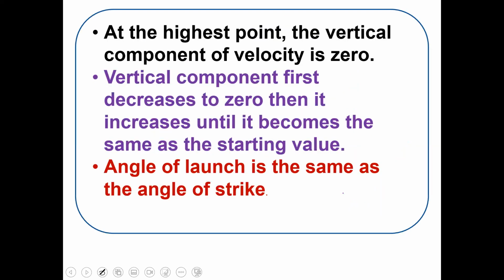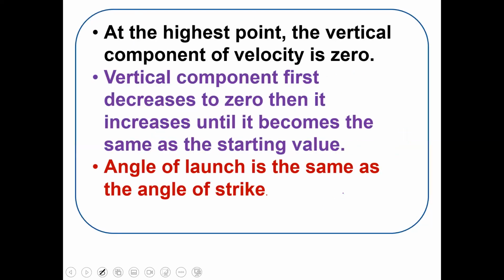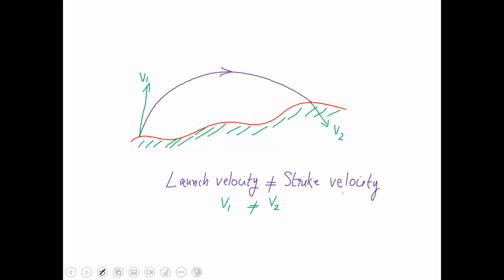Now we have a concept: at the highest point, the vertical component of velocity is 0. Vertical component first decreases to 0 and then increases to the same value. If it's a level flight, then angle of launch is the same as angle of strike. But if the flight is not at the level, then the two velocities are not the same.